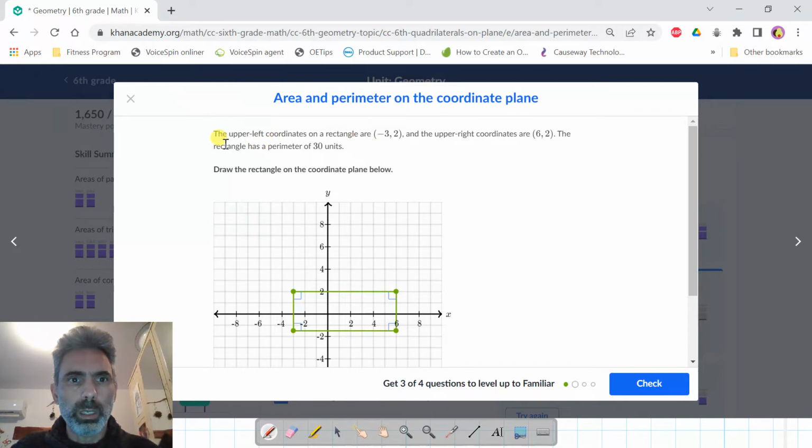Okay, the upper left coordinates -3 and 2, upper right 6 and 2. So the distance between the upper left corner and the upper right corner is 9.